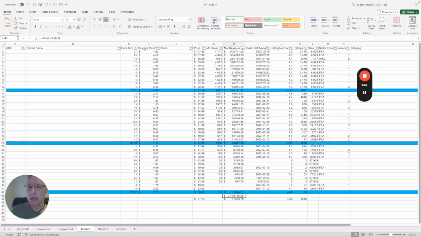You need to be looking at the averages, because very often we as advisors to sellers are asked to get involved prior to a product being launched, and we can look at the market and say, right, if you want to do well in this market, then your product needs to have these kinds of characteristics. It needs to be typically in these pack sizes.